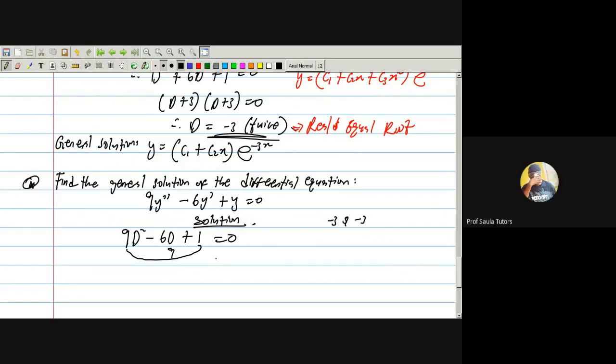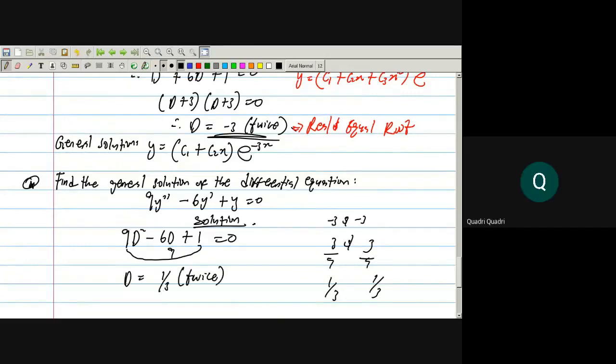Exactly, I'm coming. I want to show you one trick. The numbers I'm multiplying to give me this are minus 3 and minus 3; when I add them together, I have minus 6. Then change their sign to be 3 and 3, then divide them by this coefficient here, which is 9. So 3 over 9 and 3 over 9, and that's 1/3, 1/3. Therefore, our D is equal to 1/3 twice.